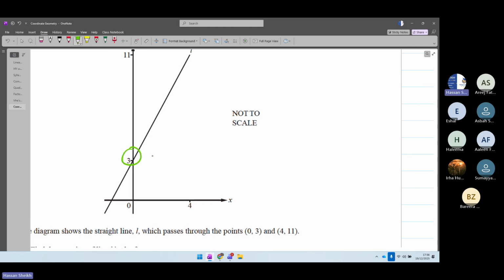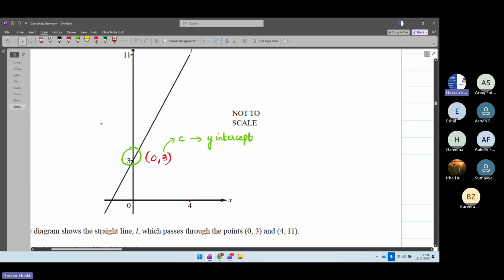Yes. Is that 0 comma 3? Because on the y-axis all the x points are 0, and this 3 is c. C is what? The y-intercept.